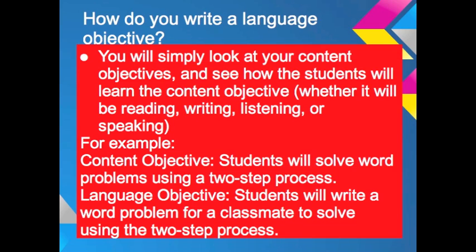You want them to be able to communicate when they get out in the real world, when they go for interviews. There is a time for listening. There's a time for writing. There's a time for speaking. So you need to make time, and that's all that the language objective is. It's actually telling how the student will use those 4 competencies.